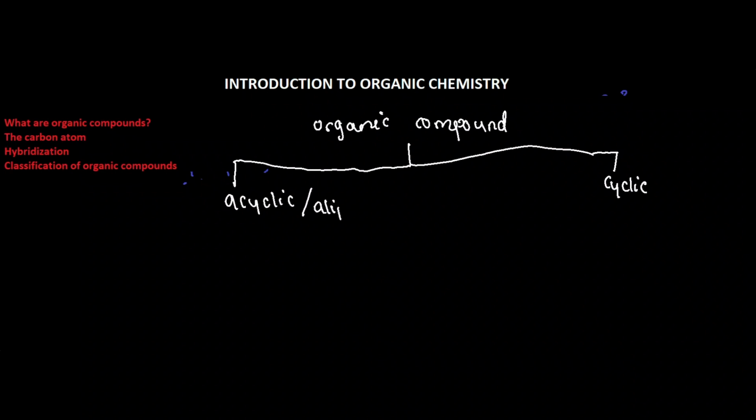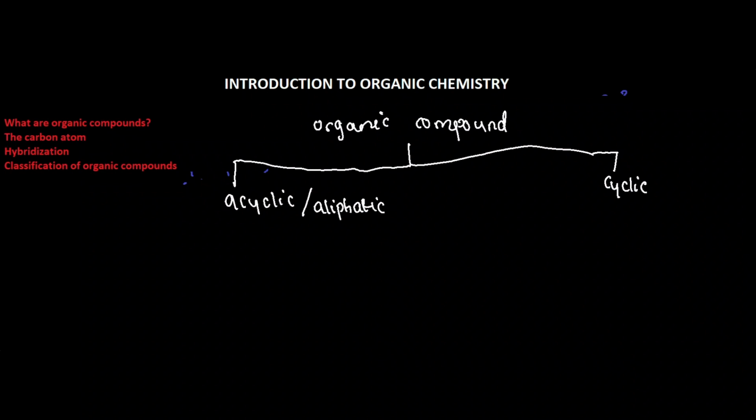The acyclic is also sometimes called the aliphatic. Some texts have it as the acyclic and some texts use the term aliphatic.